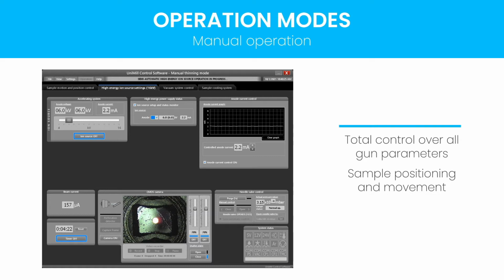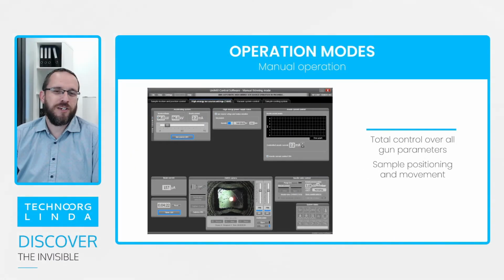You also have a CCD camera, which is showing a magnified image of your sample, so you can closely follow the thinning process and sample surface evolution. In manual mode, you can either ask the system to maintain a constant ion current, or you can even use the needle valve yourself to regulate the ion current.